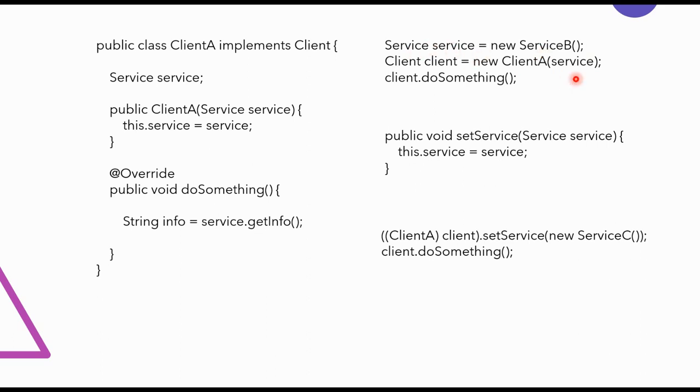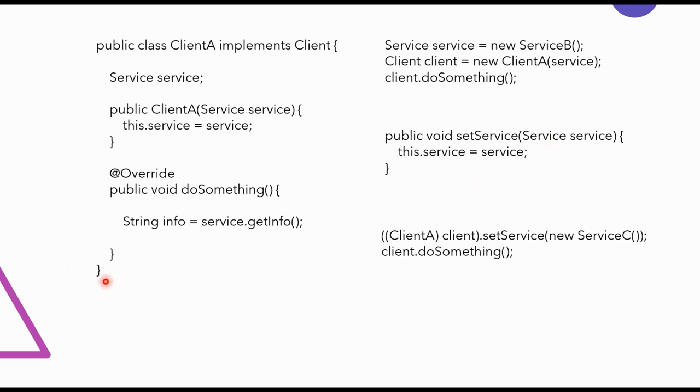So constructor injection, setter injection is used to pass the depending object to the dependent one, using a setter method in the client A class.